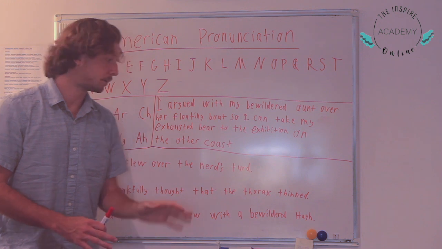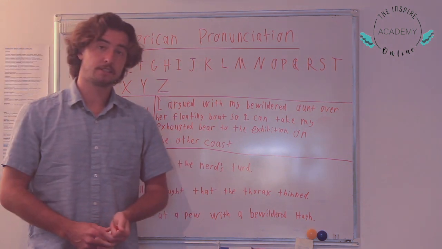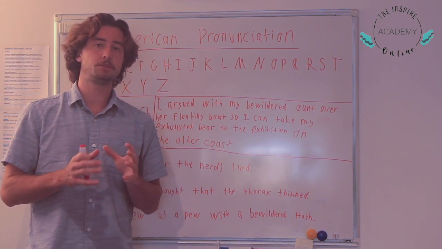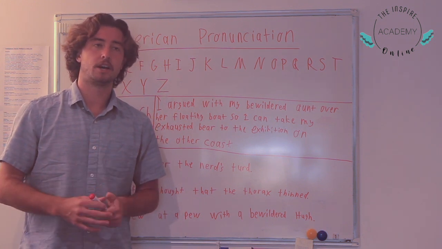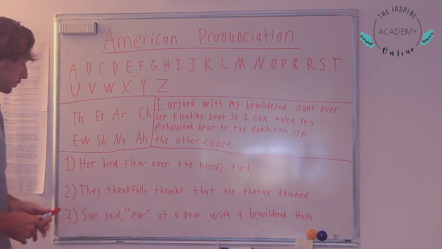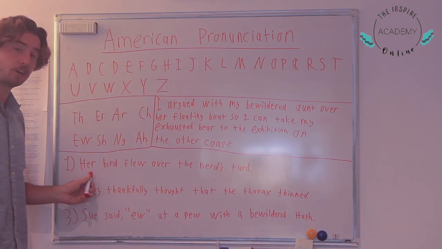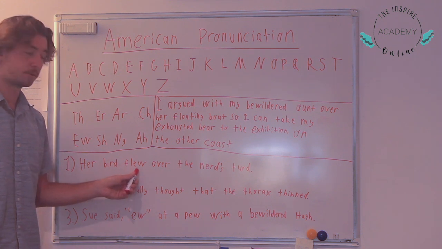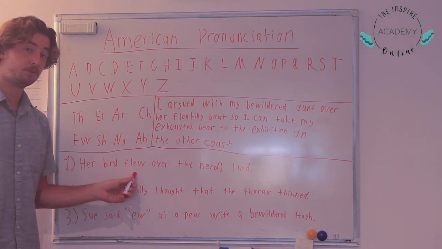Okay, so now these last 3 sentences are all good things to just practice over and over. Each of them stresses a certain sound. Starting off with this first one, this stresses the sound ER, IR. I also threw in a U as well.